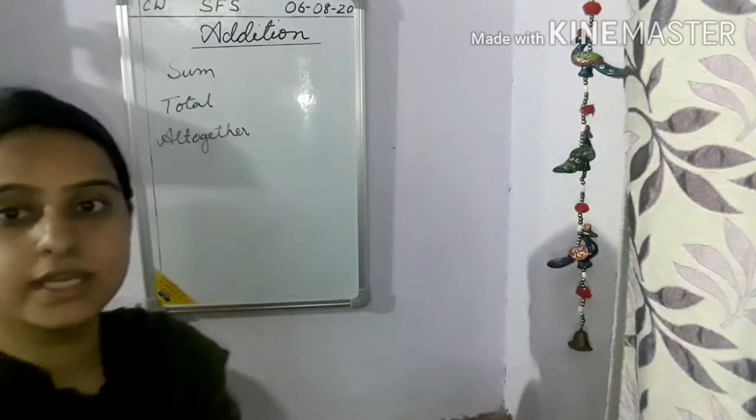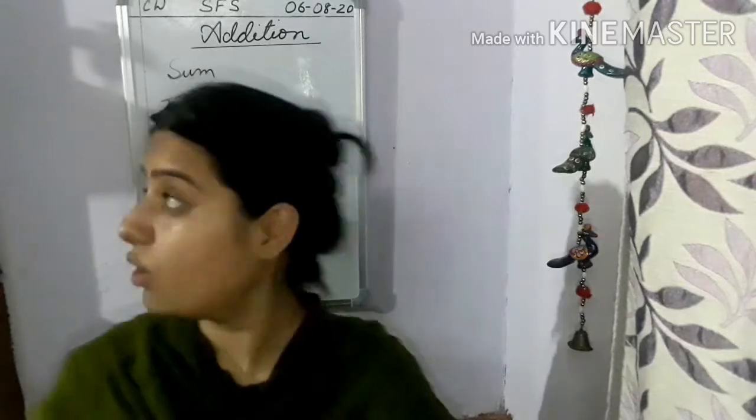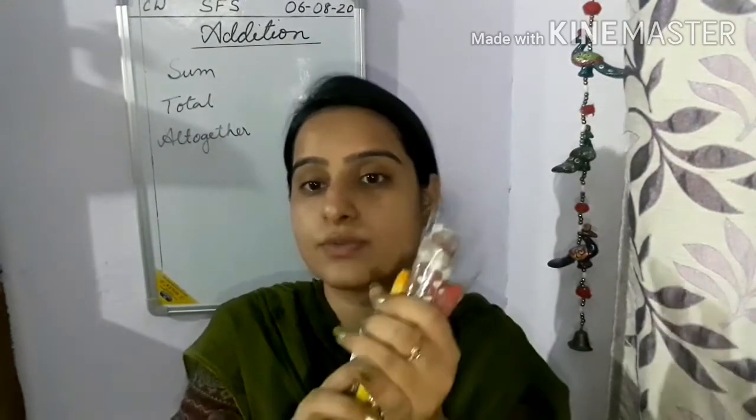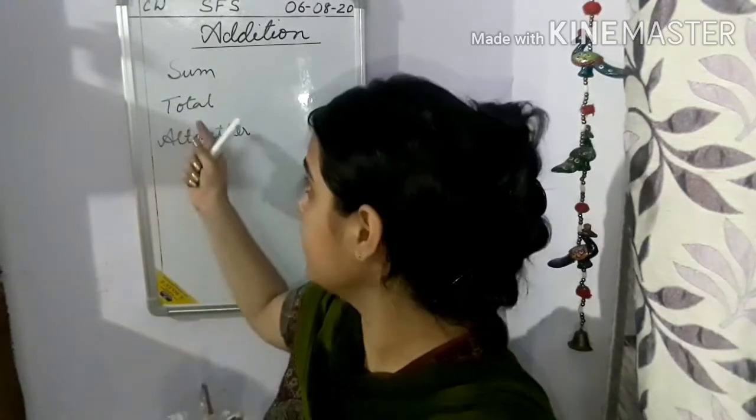These words we use for addition. When we bring all the things together, we say all together. We ask for total. If I ask for total, we get it by doing addition. Am I clear to you all, children?